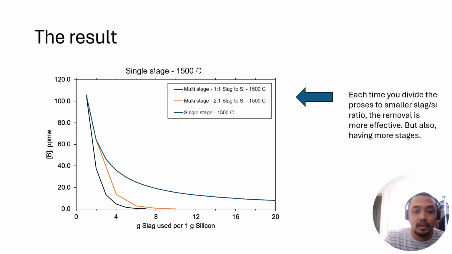And then if I divide the process into smaller slag to silicon ratios, the process gets faster. Imagine that this black line is the multi-stage 1:1 slag to silicon ratio. In 4 stages, I can reach zero boron concentration. However, this also means that you are having more stages.